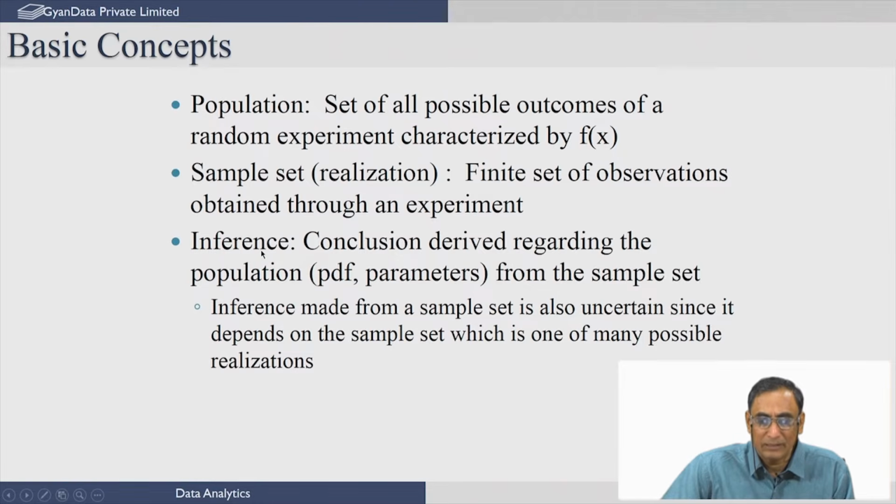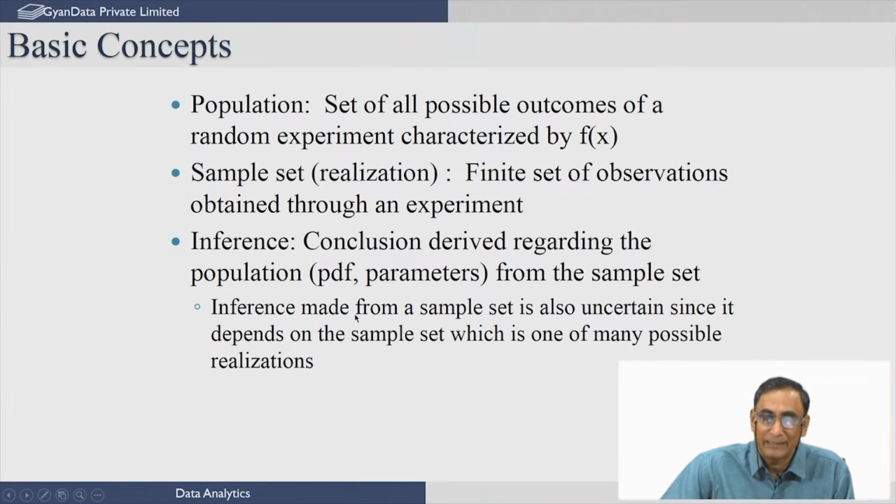Now, from this sample set you want to make inferences, which are conclusions that you derive regarding the population itself, which you do not know. It is either the probability density function of the population or the parameters of the population. You have to note that when you do such inferences, your inferences also are stochastic or uncertain, because the samples that you have drawn are also uncertain. They are not representative of the entire population.